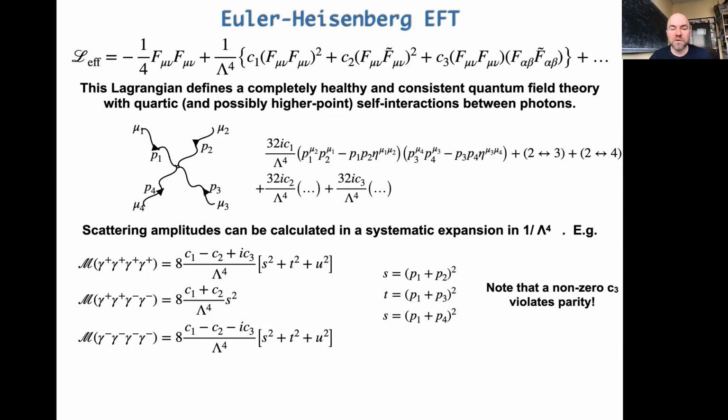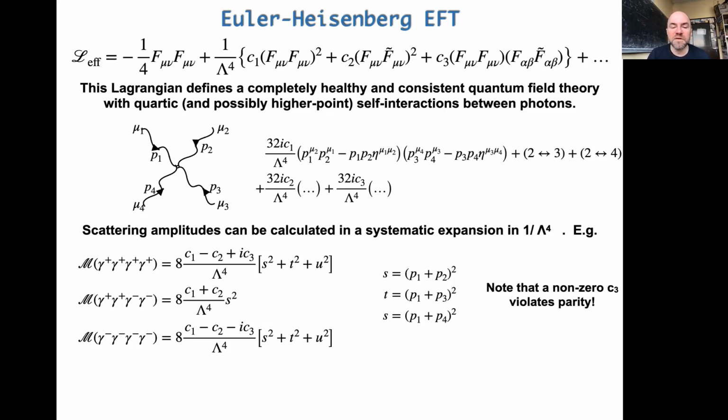Light by light scattering is something that happens routinely at high energy colliders, and this of course has been observed. But this is at much higher energies, where you produce new particles and resonances and so on. In the low energy theory, where this effective field theory works, this effect has not been observed.